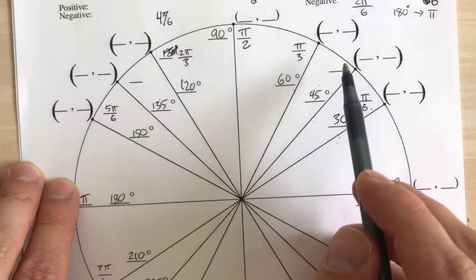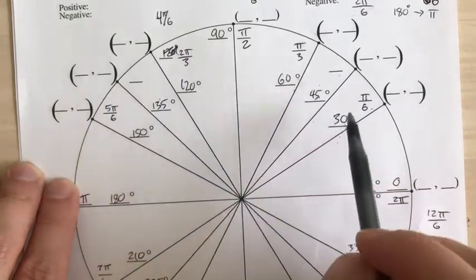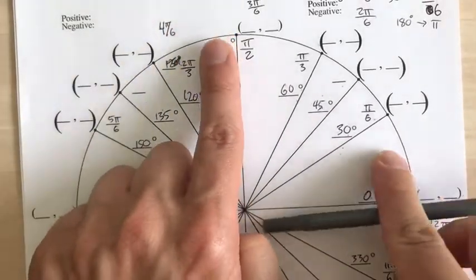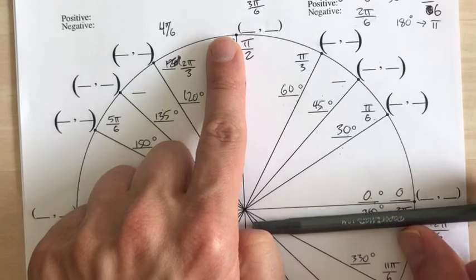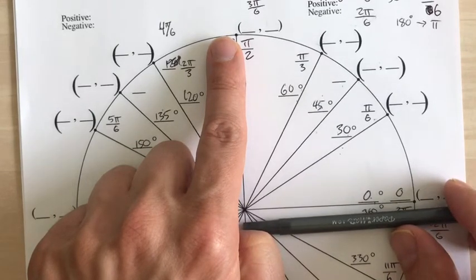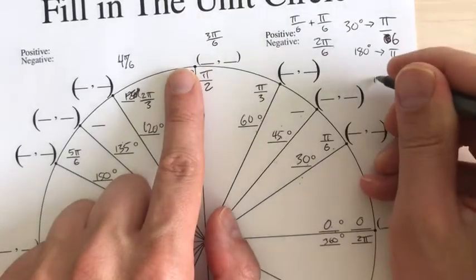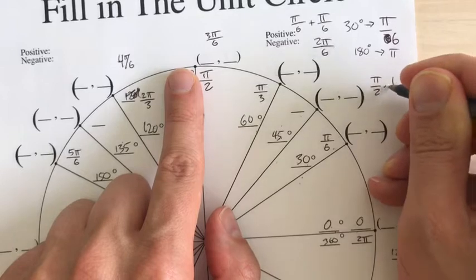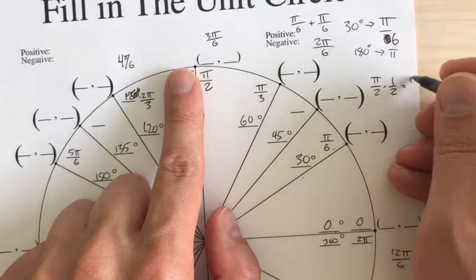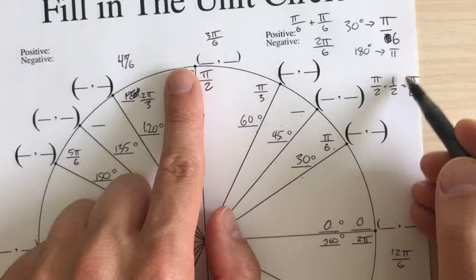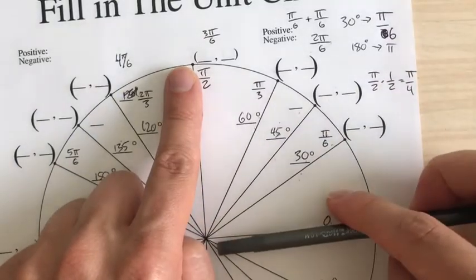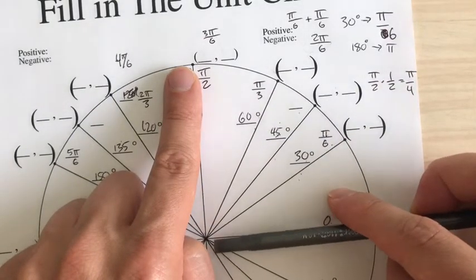Now, what to do with these ones? As you remember, this is the halfway point between 0 and pi over 2. So what is half of pi over 2? The answer is, if you were to do pi over 2 times a half, you would end up getting pi over 4. That would be the halfway point from 0 to pi over 2, and that would be 45 degrees in radians.